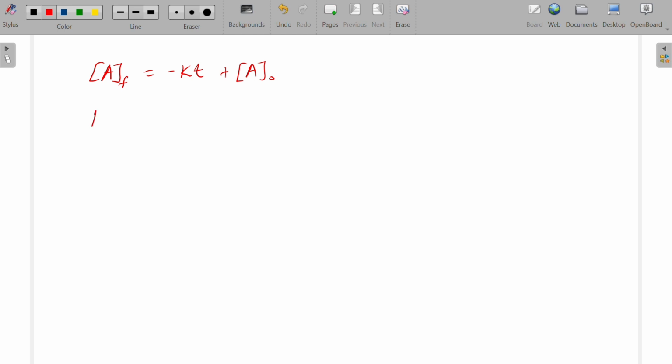What we'll have now is Kt is equal to the initial concentration minus the final concentration, because when the final concentration crosses the equal sign, it will be negative. So we'll have minus the final concentration.